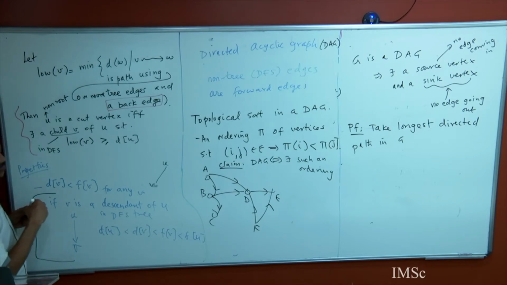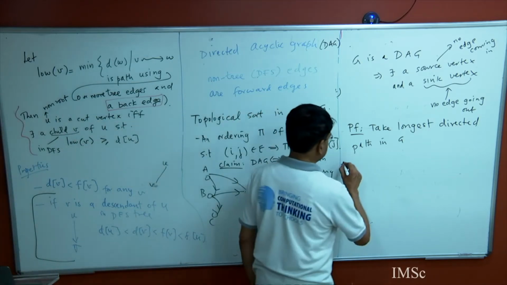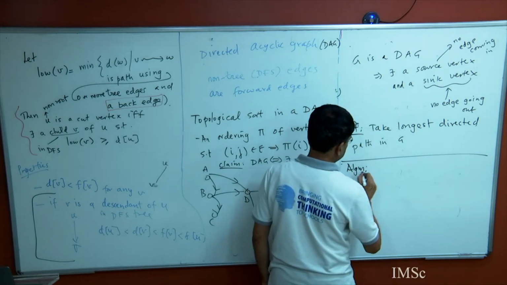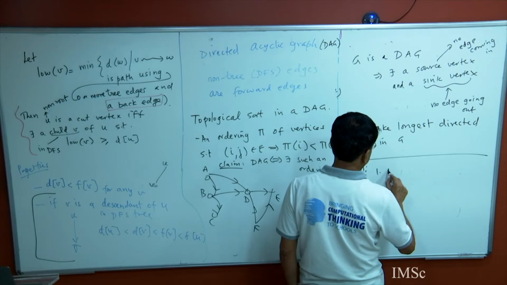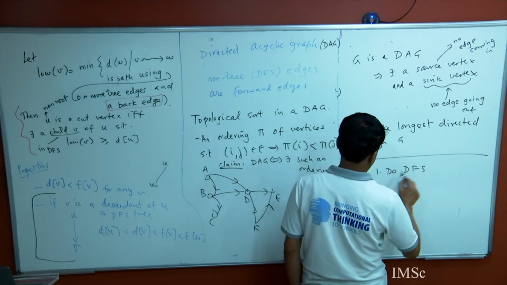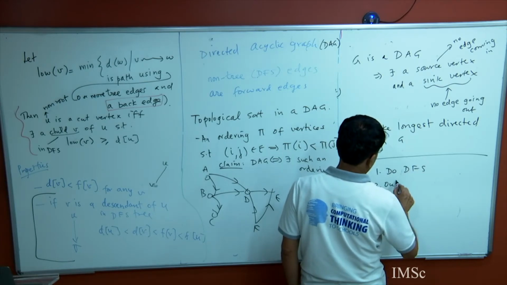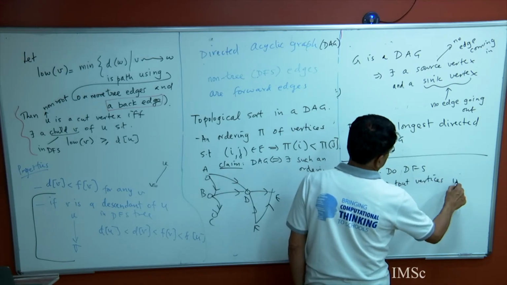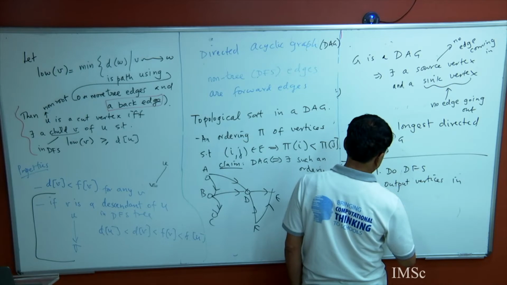So what am I going to do? So the algorithm: do DFS, output vertices in descending order of finish time.